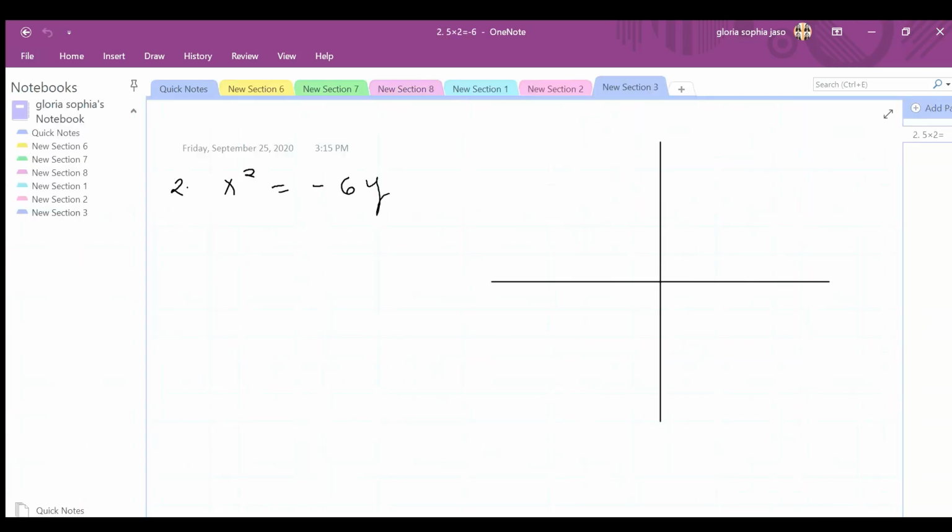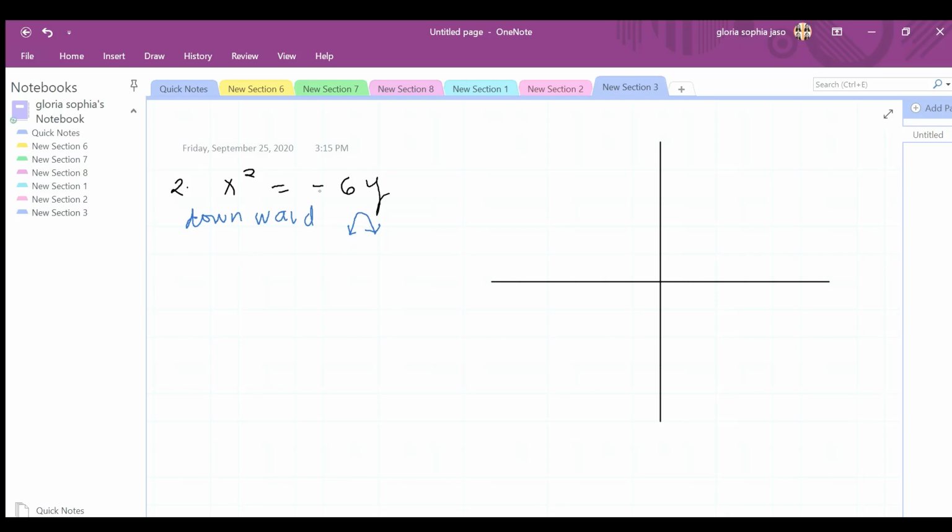Okay. Our second example, so we will graph x squared equals negative 6y. So as we can see, x is squared, so our parabola would open upward or downward. So since the numerical coefficient of y is negative, our parabola will open downward, or it will look something like this.